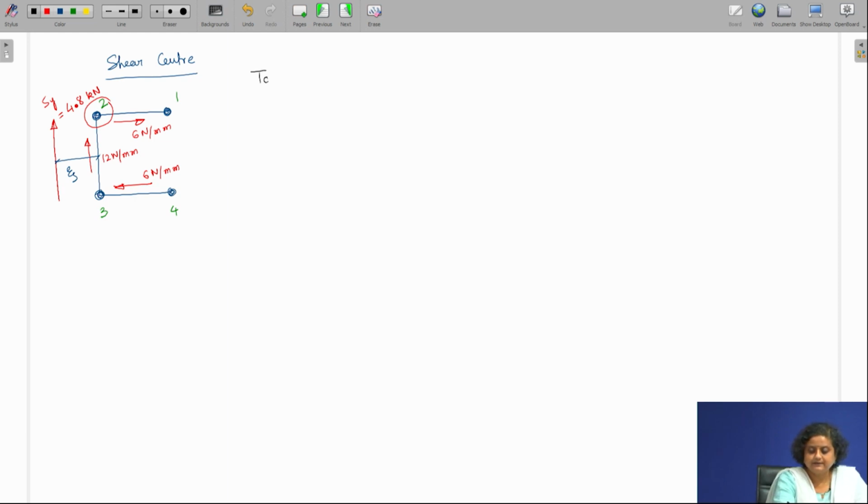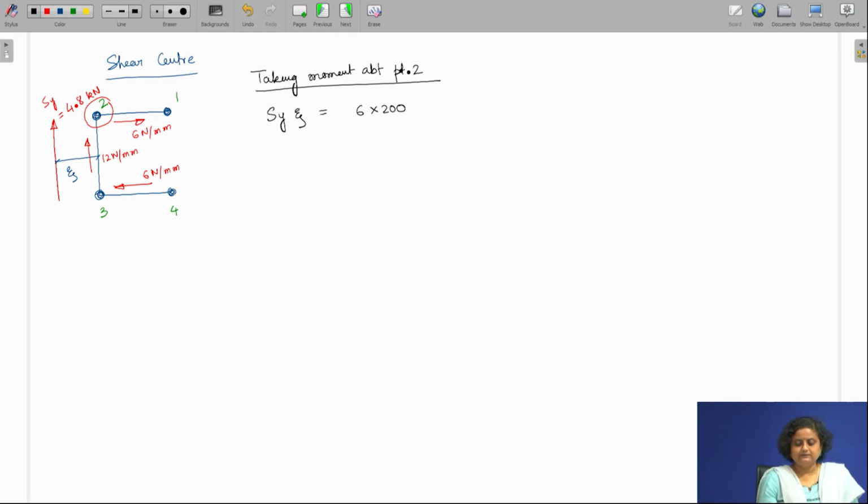So by taking moment about point 2, what do we get? We get Sy into zeta is going to be 6 into 200, which is the length, into the moment arm, which is going to be 400. So this is how we can find the shear center.